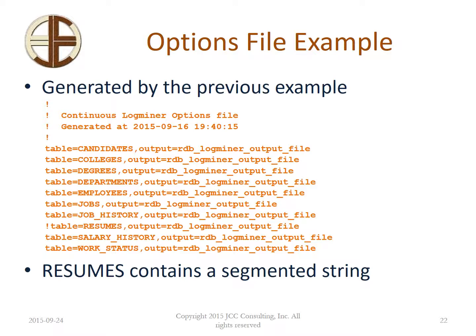If you read through this carefully, you'll note that I've commented out the table resumes. The table resumes in the sample personnel database contains a column that is a segmented string. The RMU unload/after command does not support segmented string data types, and so there's nothing we can do with them because we don't get them at the loader interface.